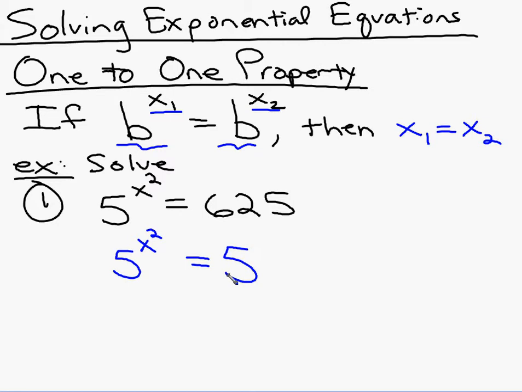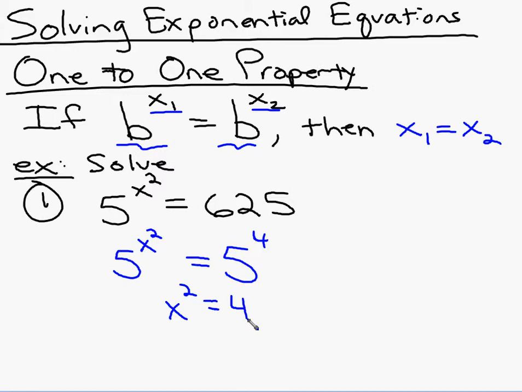If you look on your root sheet, 5 to what power makes 625? Isn't it the fourth power? And once you've done that, then you can drop the 5's and just set the exponents equal to each other.